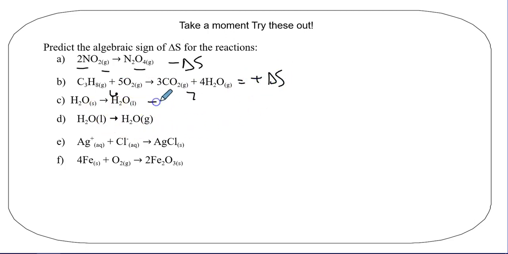Solid to liquid, losing movement. Liquid to a gas, gaining movement. Aqueous, they're moving around a little bit in there. They're able to move. To a solid, which would be losing movement. Solid and gas to just solid would be losing movement. And there you go.